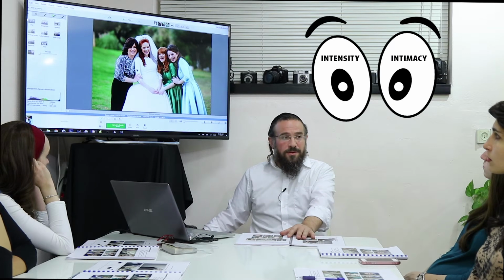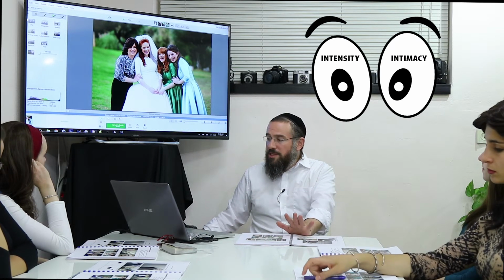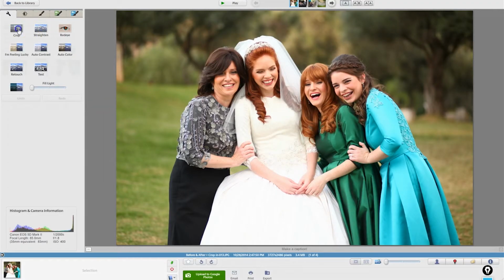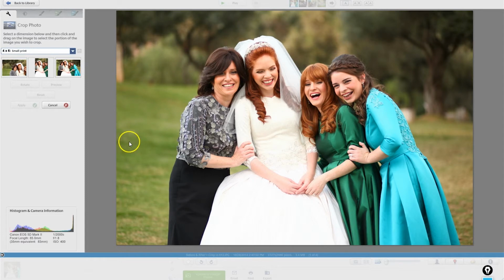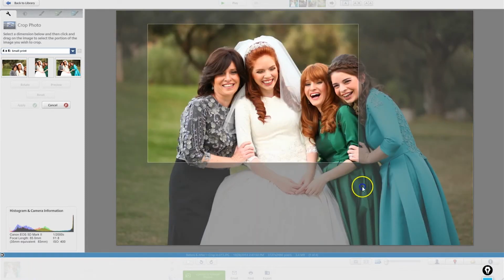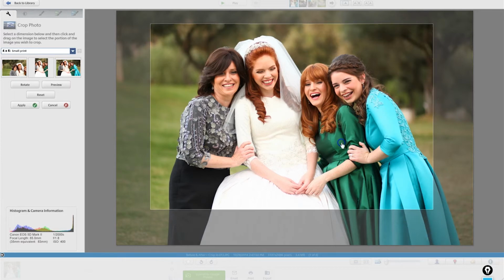Now, cropping in close, what it basically does is adds two eyes. It adds intensity and intimacy to an image. Now watch this. I've just selected a few images to crop in. Let's look at the difference between this image here, and now let's crop in really close.